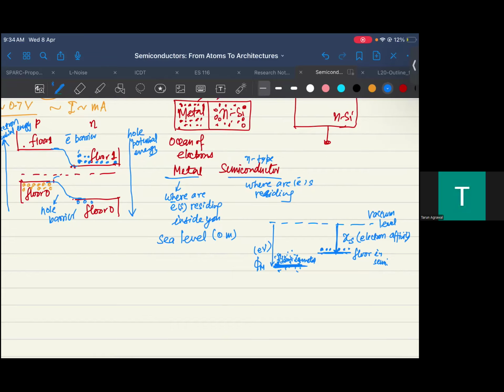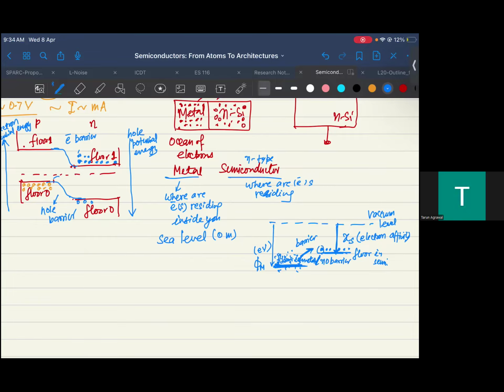Then this sea of electrons has an affinity to go to this side, but there is a barrier. This is the barrier which is there. But what is stopping these electrons? Because this is n-type, they can definitely come to this side. No barrier for them.